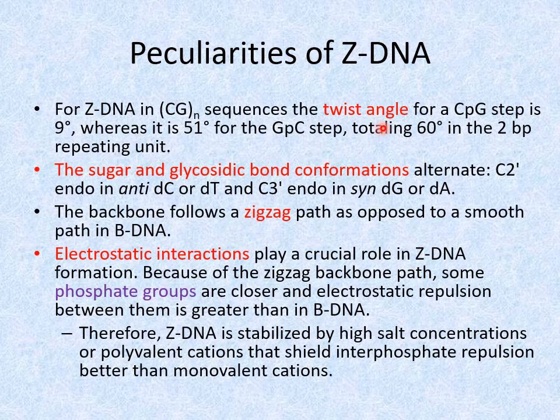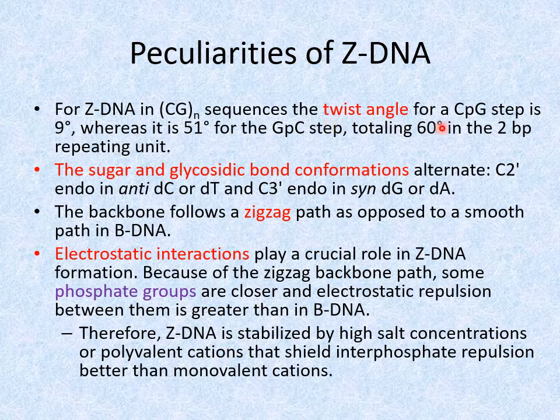The twist angle of the, we know that Z-DNA is in the part of the stretch of nucleotides where they are repeating CG base pairs.